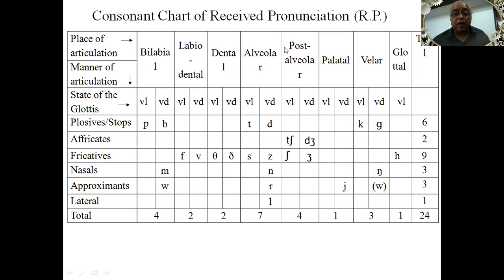Post-alveolar is from the back of the alveolar ridge, and it is an affricate. So there is a total closure, but there is no sudden release. There is slow release, and there is some amount of friction. J, as in the word judge, jewel, badge. You get these words.